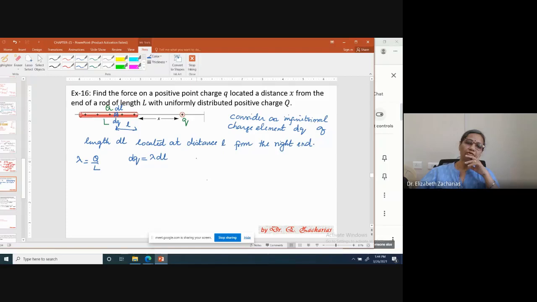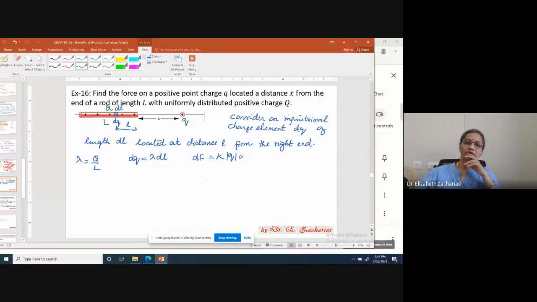Next, I have to write my dF. So, what is my dF going to be? I'll write k. I won't write 1 by 4 pi epsilon. So, k Q then lambda. Let me not skip the step. Somebody may miss it.